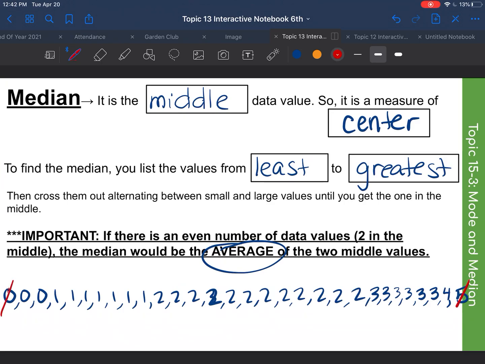Cross off a 0, cross off the 5. Cross off the other 0, cross off the 4, and we alternate going from lowest to highest, back and forth, until we get a middle value.